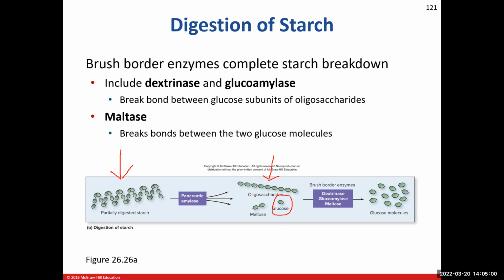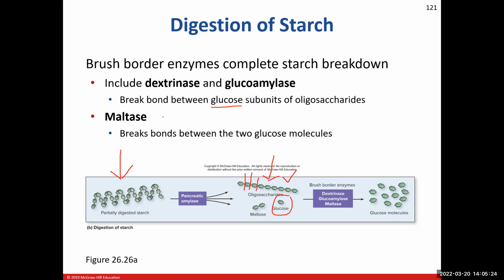or monosaccharides, ideally. So dextrinase and glucoamylase are going to start snapping off glucose molecules from these oligosaccharides. They'll just start chopping off: here's a glucose, then we'll go after the next one, and then the next one. Maltase.